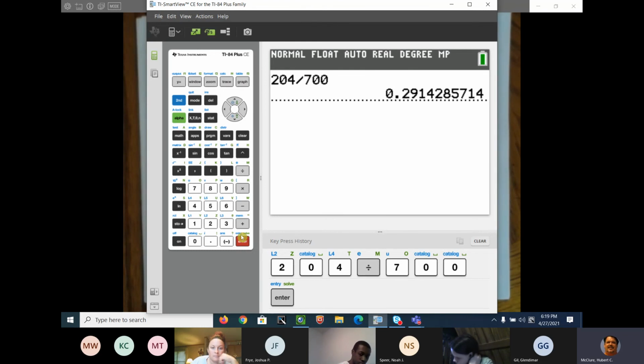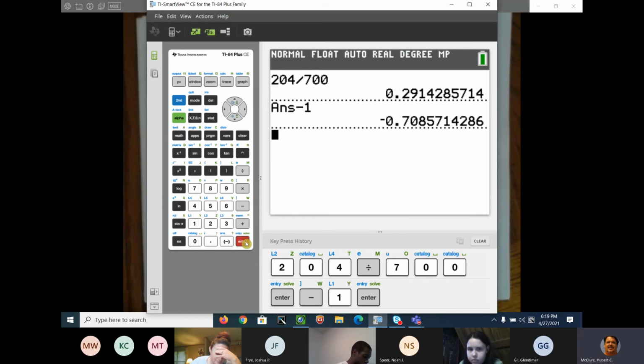Since this is P hat and not an area, you could leave it as 0.2914. Then minus 1, and there is 0.7086. That is your Q hat.